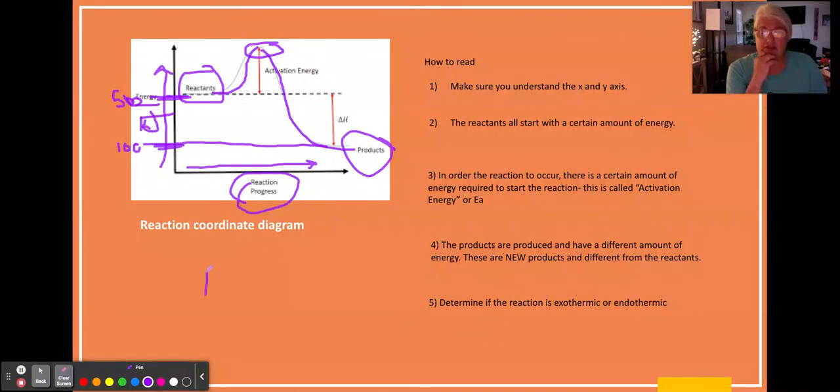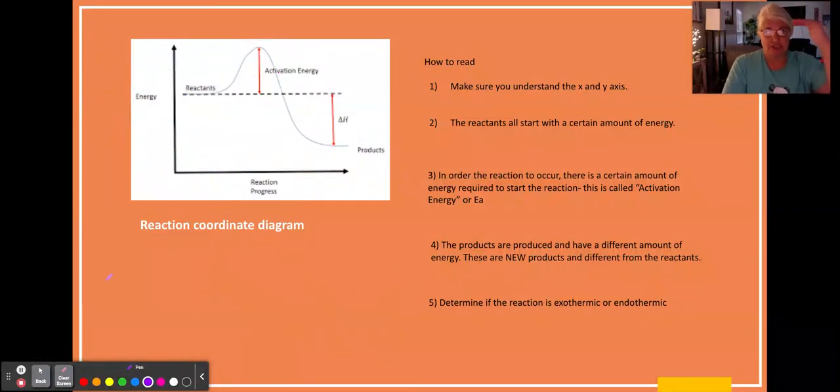We've lost 400 kilojoules of energy. So therefore, it's releasing that energy, which makes this an exothermic reaction. So in an exothermic reaction, the reactants will always start higher than the products because it has to release that energy, okay? Let's go on.